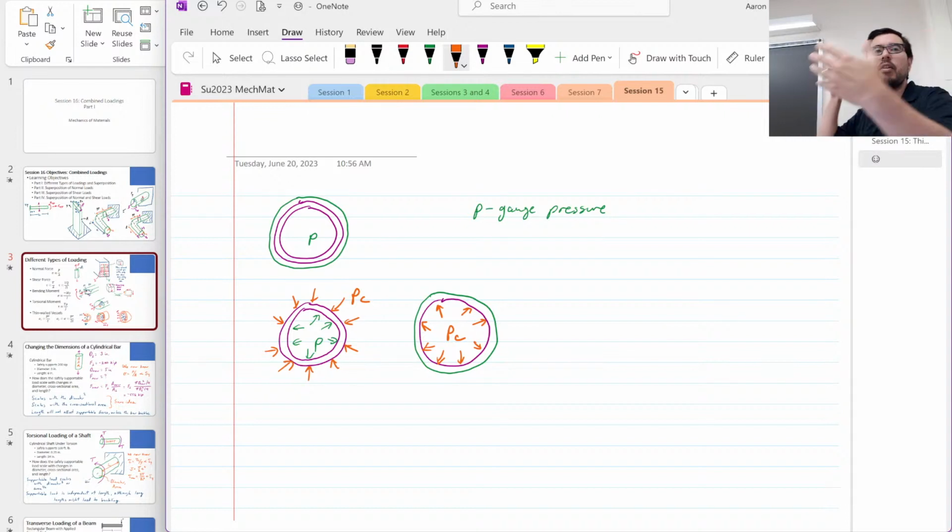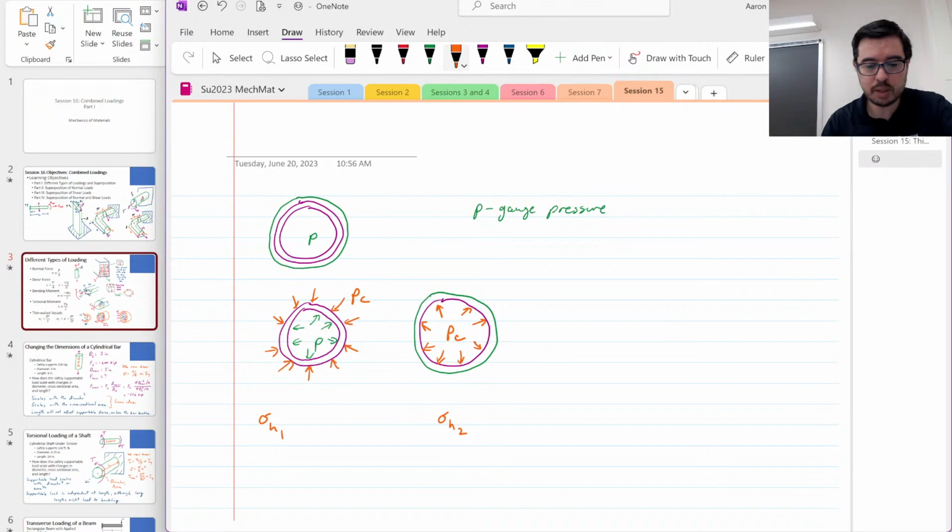We're not really caring about what's happening at the ends, or what's happening into the page. We care about what's happening circumferentially, right? So like you're saying, let's call it sigma H1 for inside, the hoop stress. And then we'll call this sigma H2 for the outside.